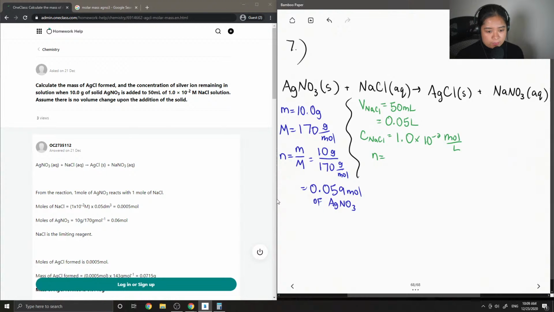So to find the number of moles, it's just going to be the volume multiplied by the concentration. So the volume is 0.05 liters, concentration 1.0 times 10 to the negative 2 moles per liter.